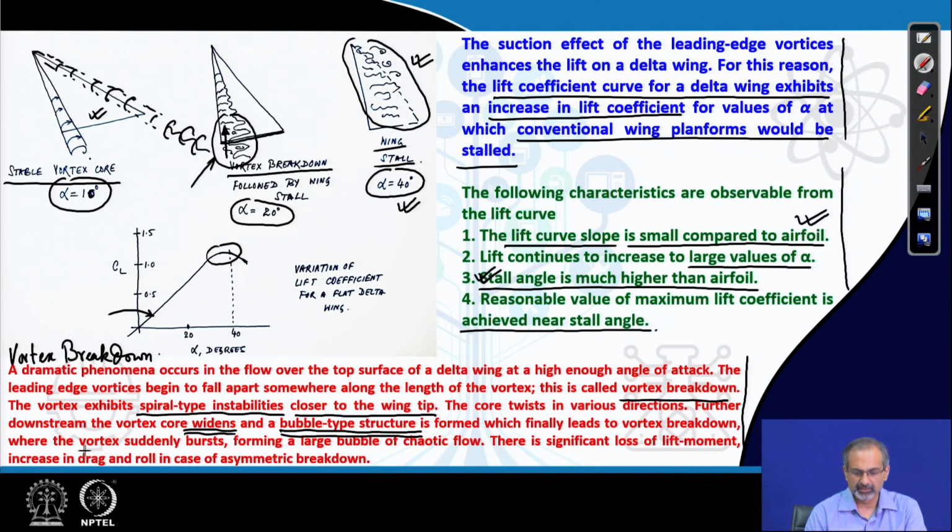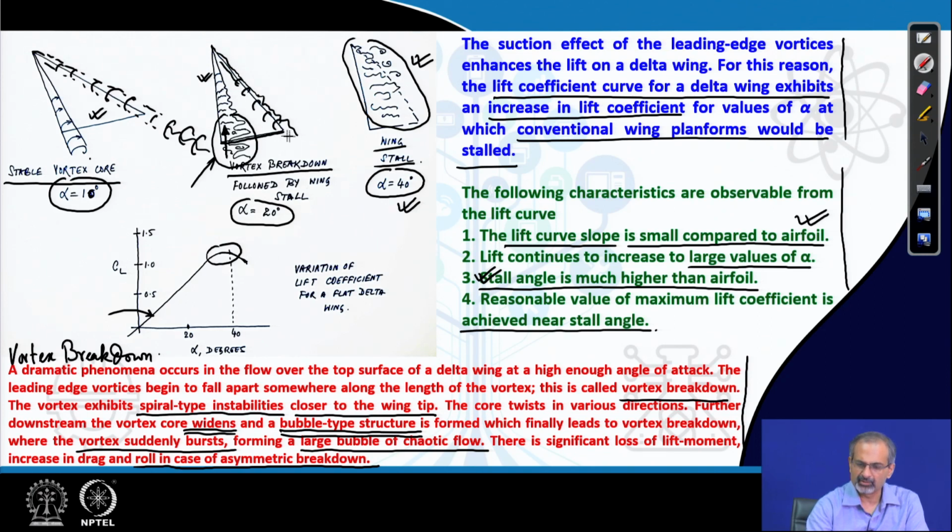So, the vortex suddenly bursts, forming a large bubble of chaotic flow. There is significant loss of lift, moment, increase in drag, and there could also be a roll due to asymmetric breakdown of the vortices. So, here we just showed the vortex structure gradually becoming unstable on one edge, but similarly, as you can understand, it will happen on the other edge too.